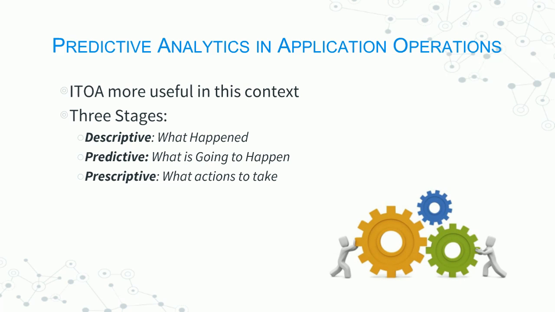Will we need more equipment soon? Will we need an additional data center? The predictive is what is going to happen based on trends, based on current usage, based on how things were at this time, maybe a year ago. It depends on the amount of data you put in there.